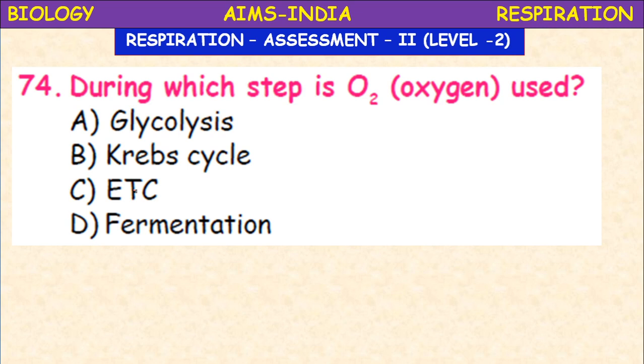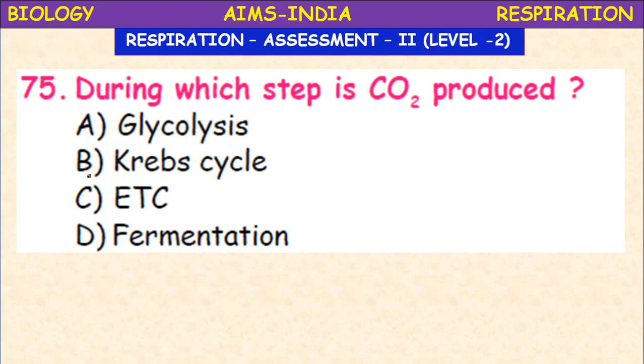The energy present in the NADH and FADH2 is released during the electron transport system. One NADH can produce 3 ATPs and one FADH2 produces 2 ATPs, and a total of 38 ATPs are produced in the electron transport system. So during which step oxygen is used means ETC, electron transport chain.